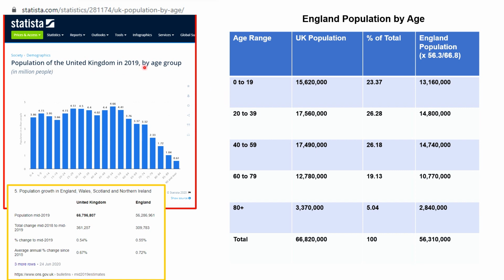I've looked at the population of the United Kingdom by age, converted it into the age ranges reported on NHS England, looked at what that was as a percent of the total, and corrected it to the England population. So the UK is 66.8 million, England is 56.3 million, and I've prorated that down. There may be a slight error, but it's bound to be in a pretty good ballpark.